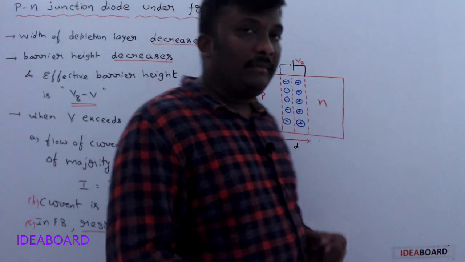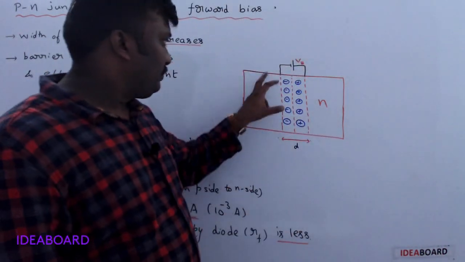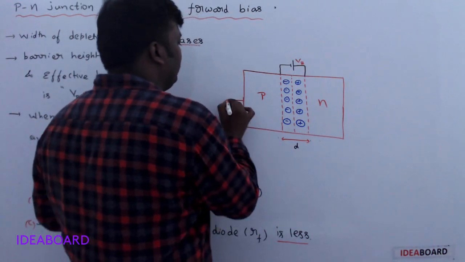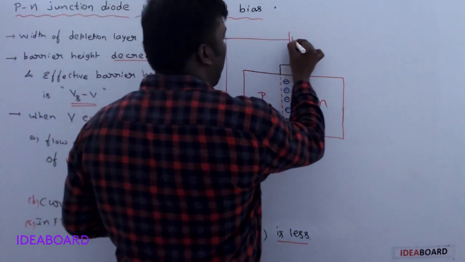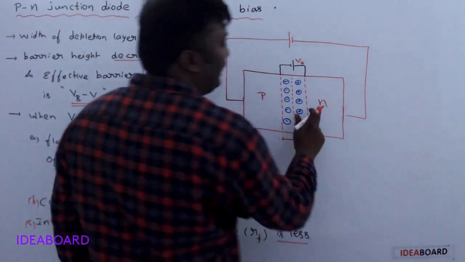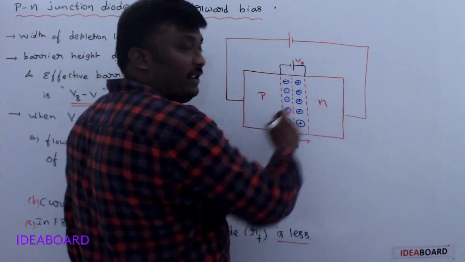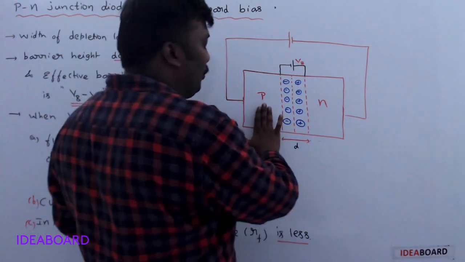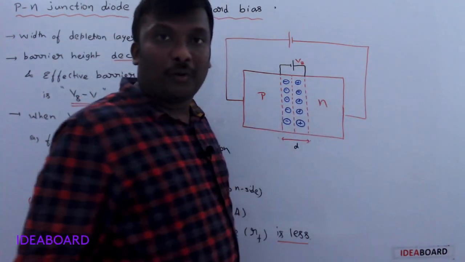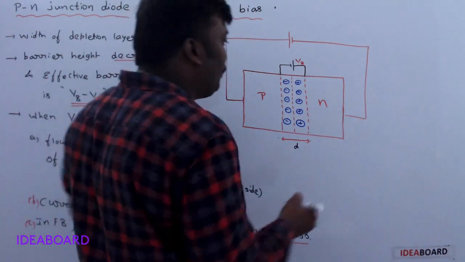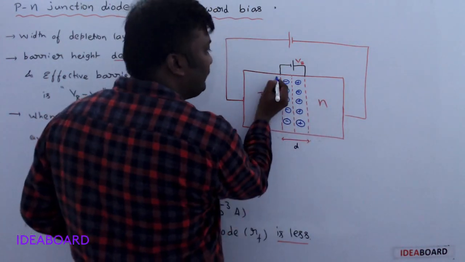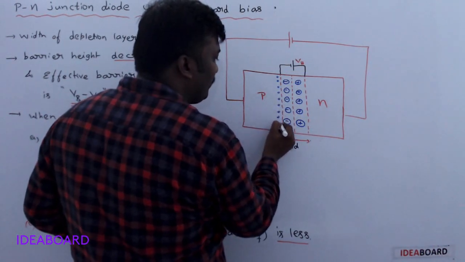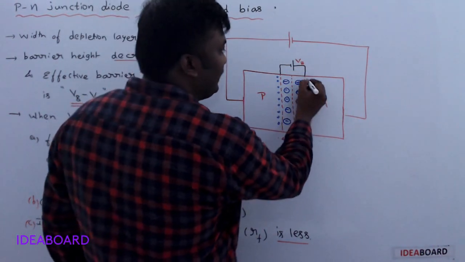Now, let us see. In forward bias, due to the external battery, electrons in the N region are diffused towards the P side and holes in the P side are diffused towards the N side. Due to this, electrons come this side and holes come this side.